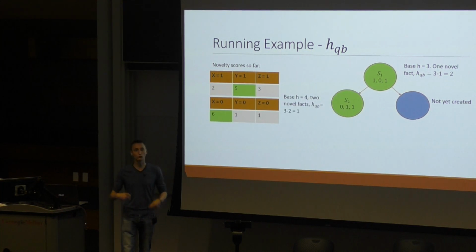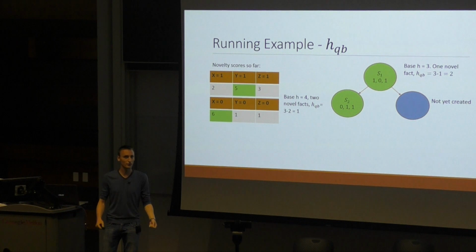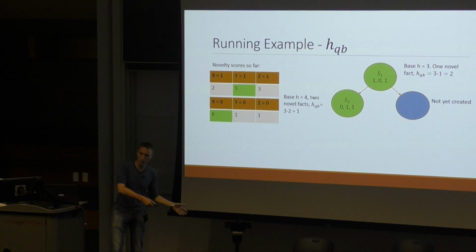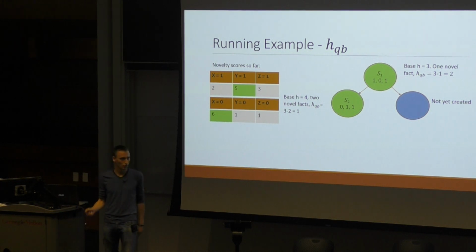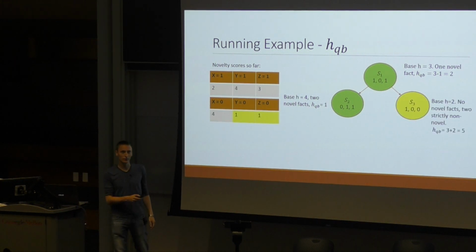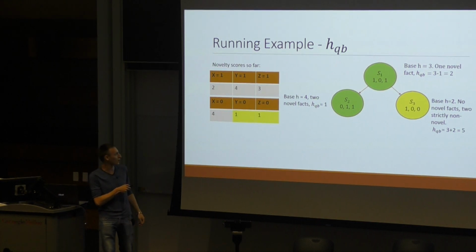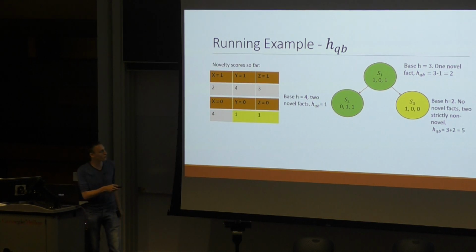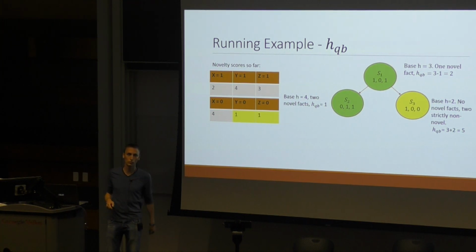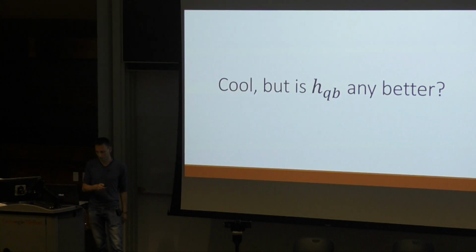S2 got 2 novel facts, and the heuristic value calculation will be the total amount of variables minus the amount of novel facts, and we're here with 1. And S3 has no novel facts, so we will add the amount of strictly non-novel facts, and there are 2 that we observed with a value of 1 before, and now we are observing S3 with a value of 2. So there are 2 strictly non-novel facts, and the heuristic value will be 5.